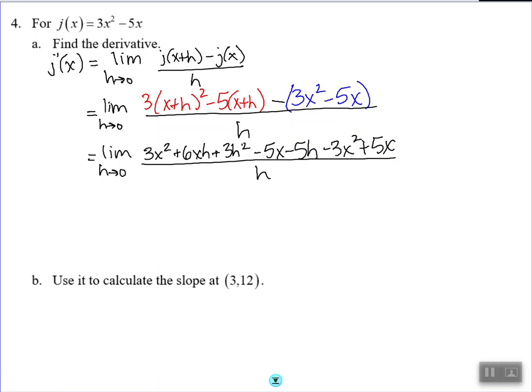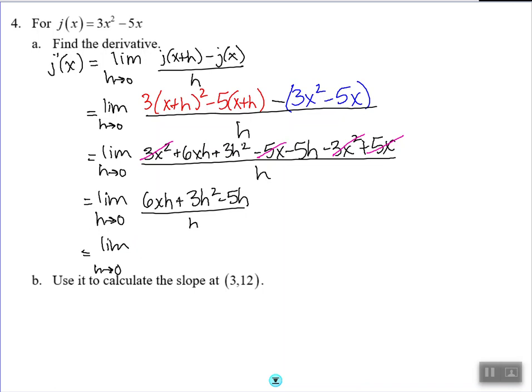Then I can cancel some terms. Those cancel, those cancel. So I'm left with the limit as h approaches 0 of 6xh plus 3h squared minus 5h all over h. I can factor out an h. Cancel that with the h in the denominator.